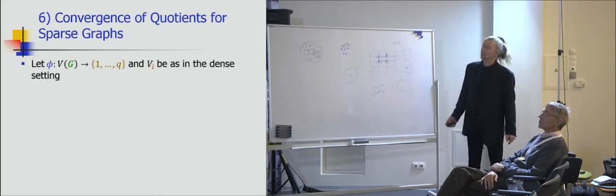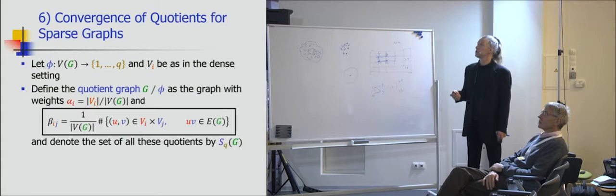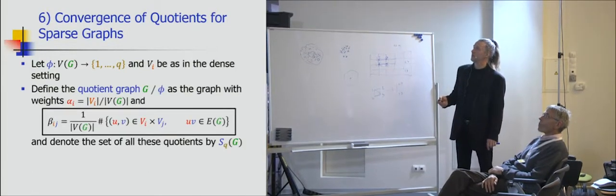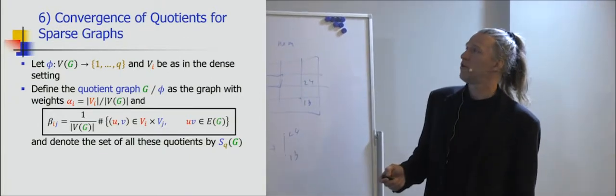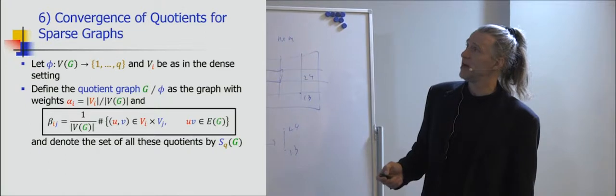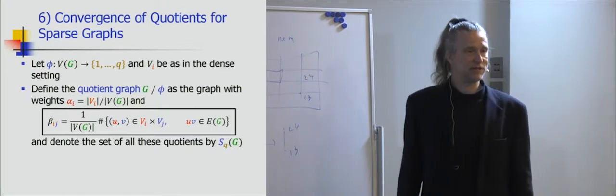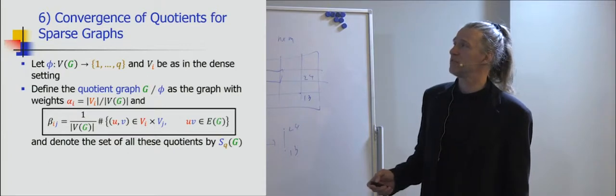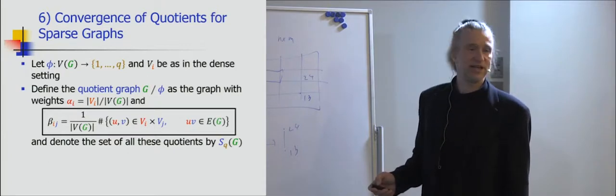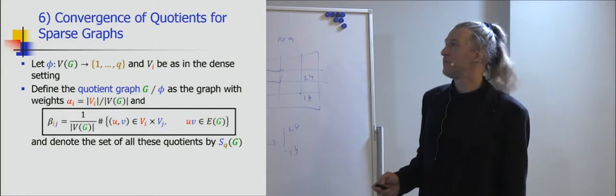Well, one thing we could do is again look at these quotients. So let me repeat what this is. For each given coloring, I look at the percentage of vertices which are red, green, blue. And then I look at the number of edges which are red-blue, red-green, and green-blue.